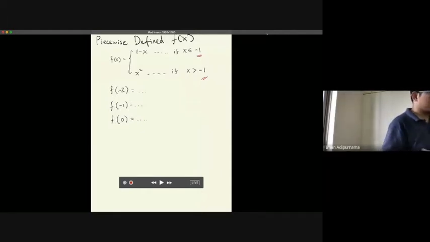f(-2). So if x is -2, then f(-2) is... because we know that 1 minus x is less than -1, and -2 is less than -1. We use the first one, right? Okay.